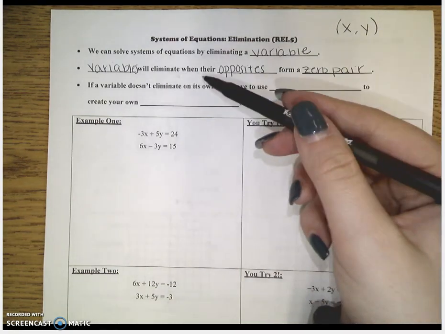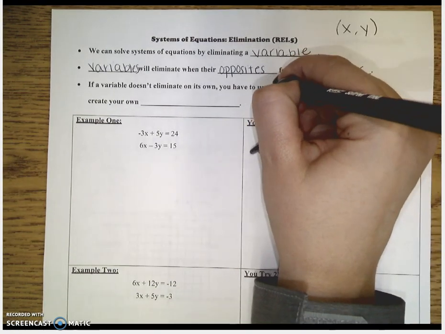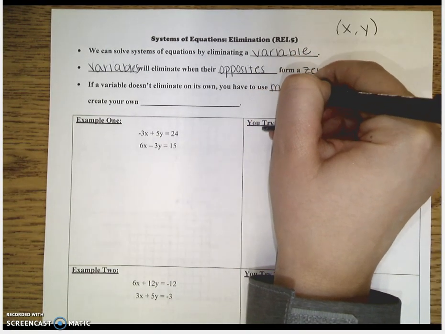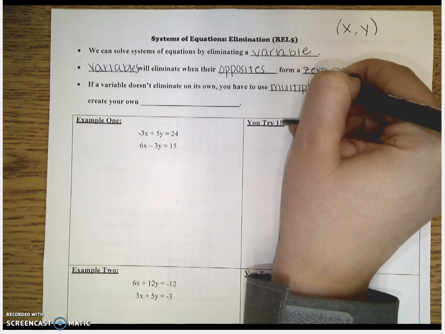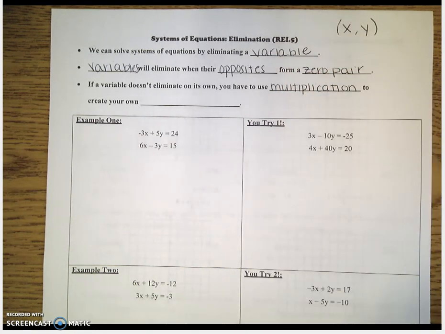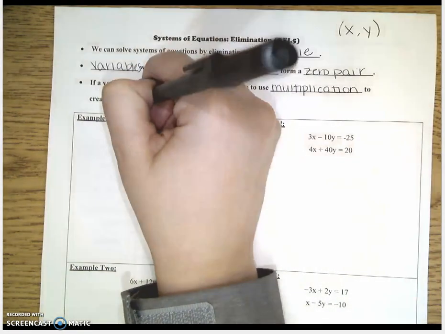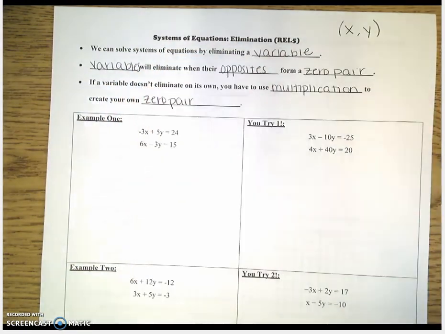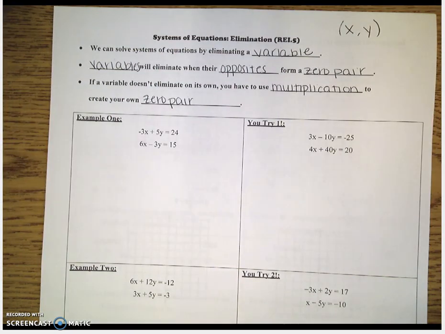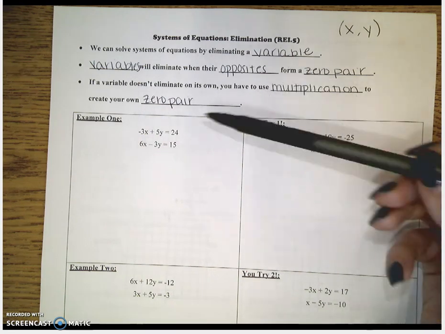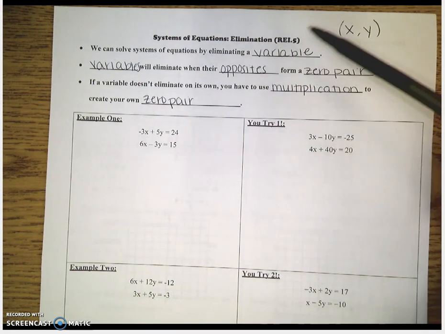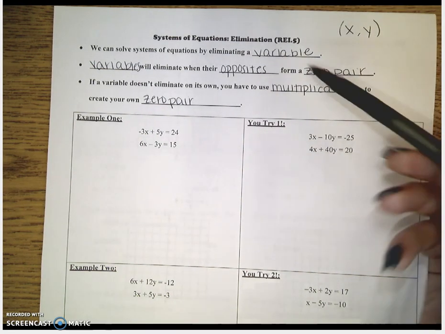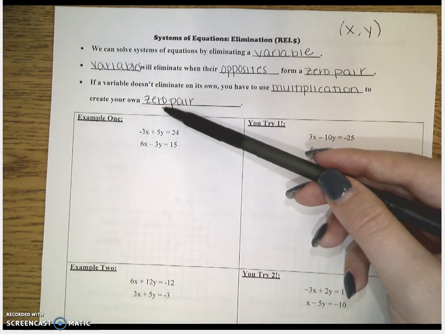If a variable doesn't eliminate on its own, you have to use multiplication to create your own zero pair. So I'm going to do some examples of this to show you what I mean by creating a zero pair and using multiplication to create your own zero pair.